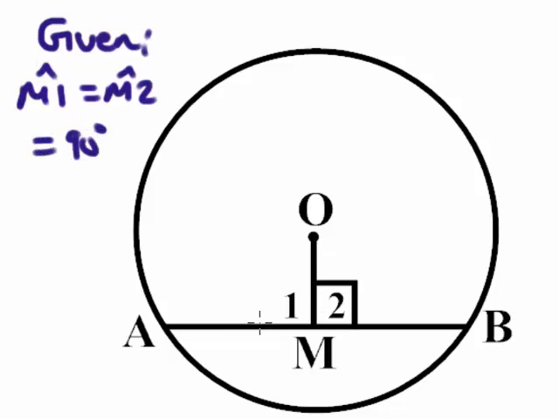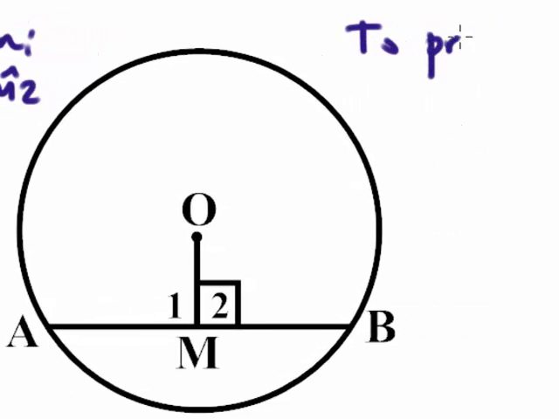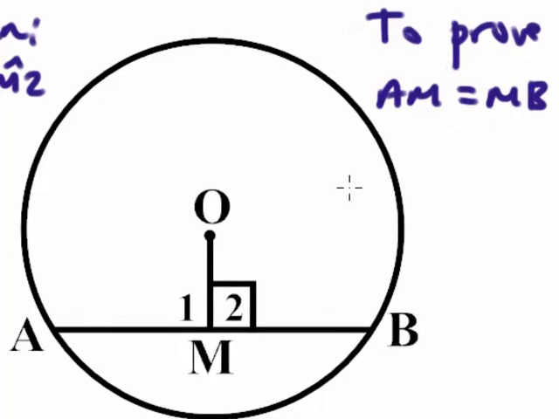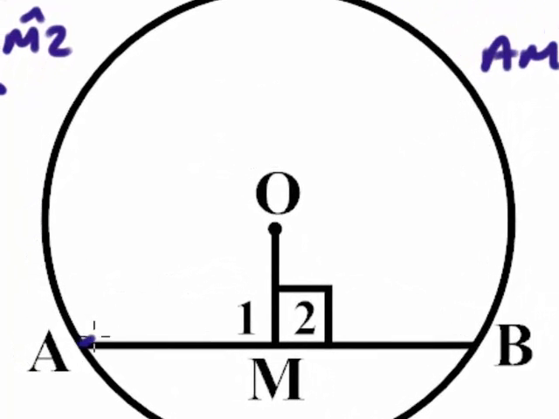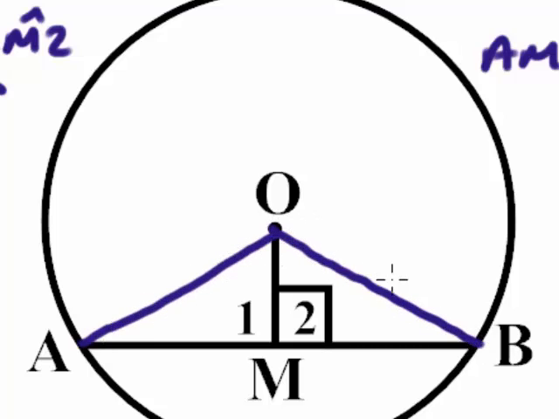You're given that OM is perpendicular to AB. What do you want to prove? You want to prove that AM is equal to MB. That's easy because all we're going to do is another construction. We join AO and OB knowing that those are equal radii. We also know that M1 and M2 are both 90 degrees, that's given, and also OM is common.